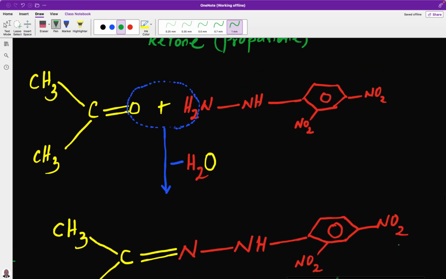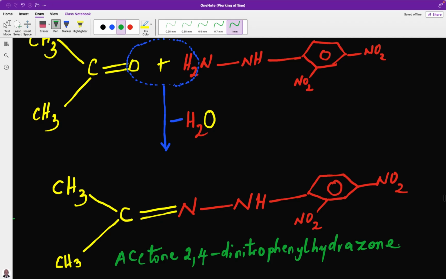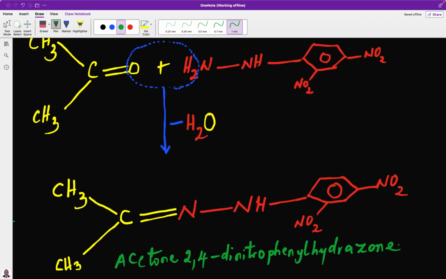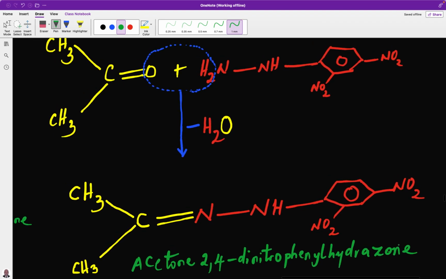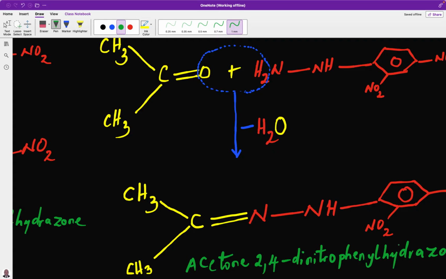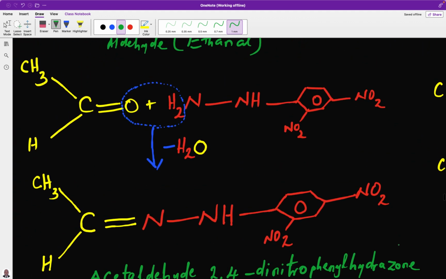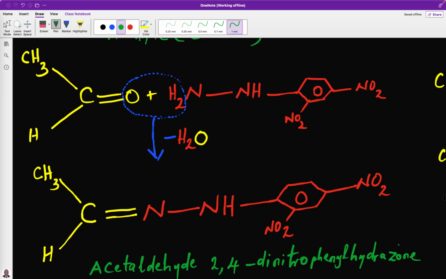That is for acetone. We will have acetone 2,4-dinitrophenylhydrazone. That is the product that will be formed in the test tube, giving us a deep orange precipitate. And this is the product with aldehyde, acetaldehyde 2,4-dinitrophenylhydrazone.